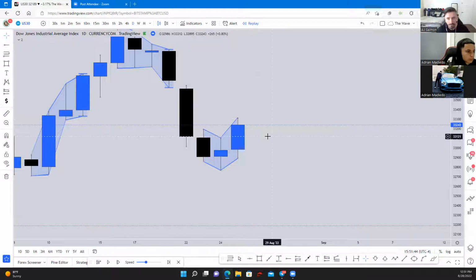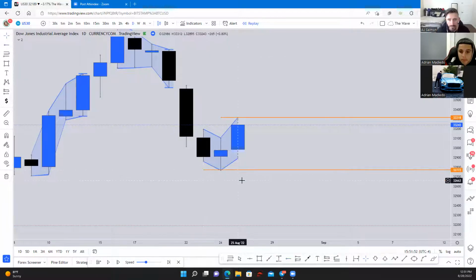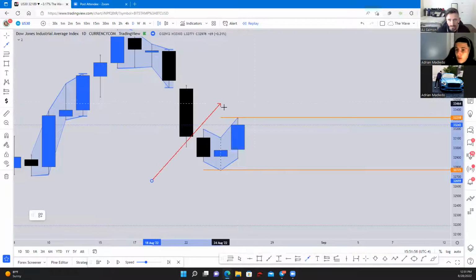Particularly, we're going to look at the swing high or the daily high, and then we have the daily low. Those are our areas where liquidity is resting. We have a lot of money up here from all these sell orders, and some money down here from these buys the last couple days. So this is our range to look at.